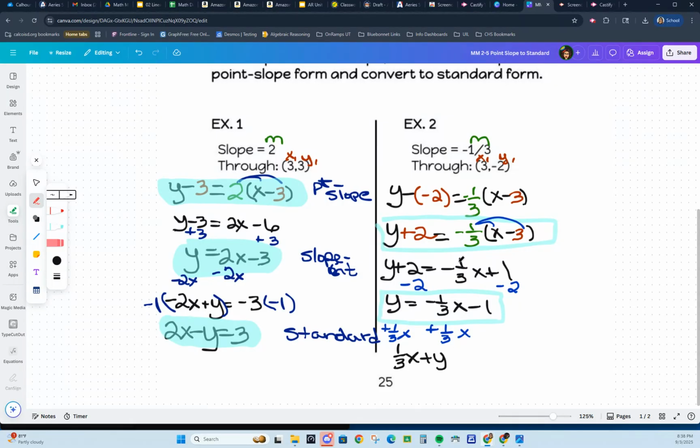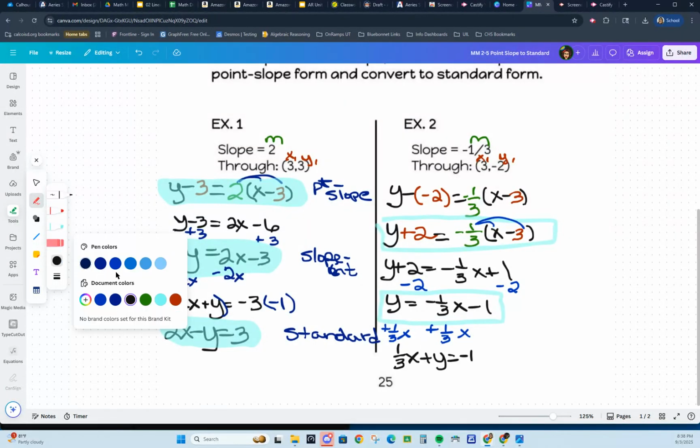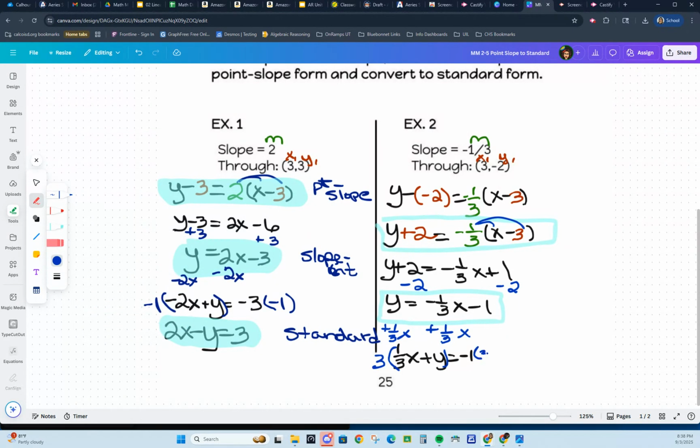Because remember, all of the numbers, the coefficients and the constant on the other side, have to be whole integers. They cannot be fractions. So now we're going to multiply everything here by 3 so we can get rid of that fraction.